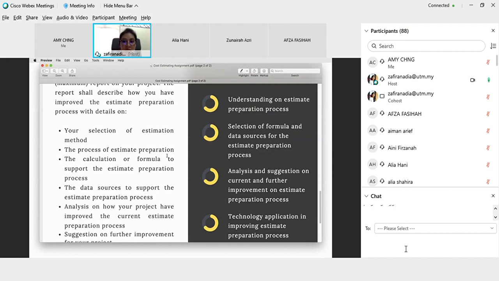So whether you choose analytical or approximate quantity. Then the process of estimate preparation. For example, in the process of estimate preparation, what to do first, what to do second, what to do third. I believe you now roughly have an idea. You will have to google if you want to prepare, for example, a preliminary cost estimate for a hotel project.